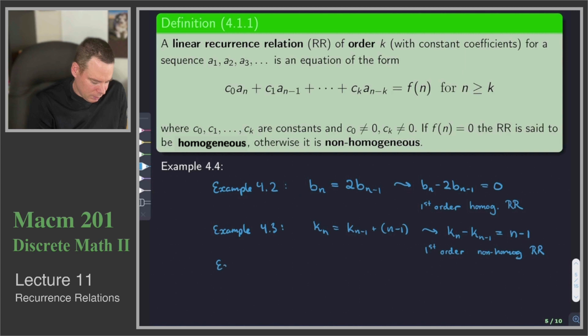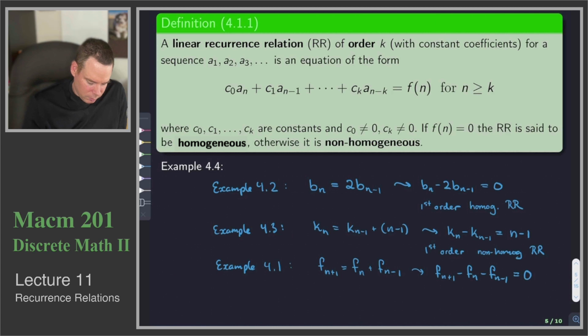What about the last example, which actually ended up being our first example, the Fibonacci sequence. So in this case, this was f of n plus 1 is equal to f of n plus f of n minus 1. We could rewrite this as f sub n plus 1 minus f sub n minus f sub n minus 1 is equal to 0.